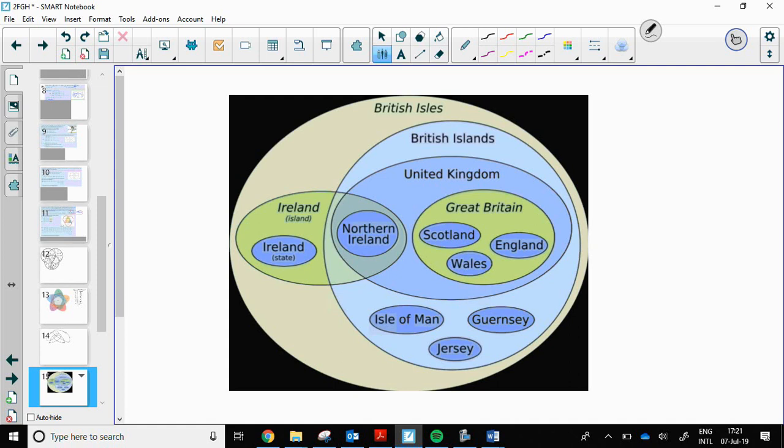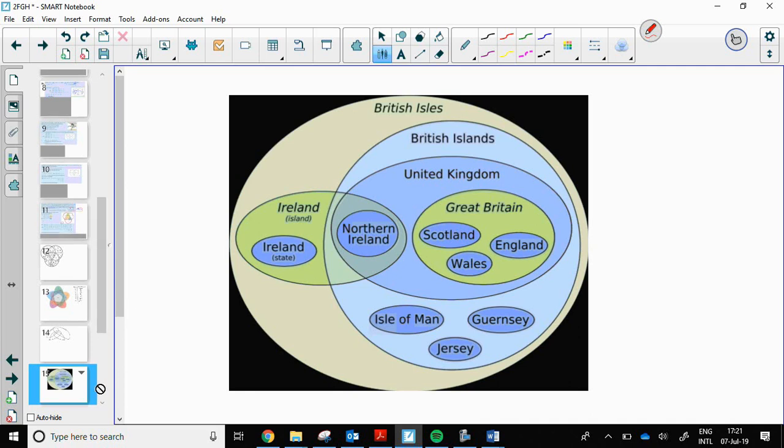And certainly it makes perfect sense that the oval representing Scotland does not intersect with the oval representing England, because there's no land that's both Scotland and England, whereas the oval for Ireland does intersect with the oval for the United Kingdom, because there is some land that is both Ireland and the United Kingdom. Specifically, that's Northern Ireland. But we see that there are many empty regions here, and they're just not included in the image. So that's an Euler diagram.